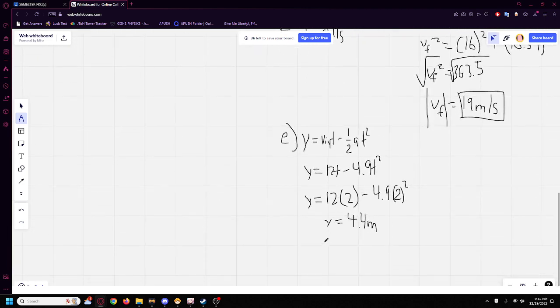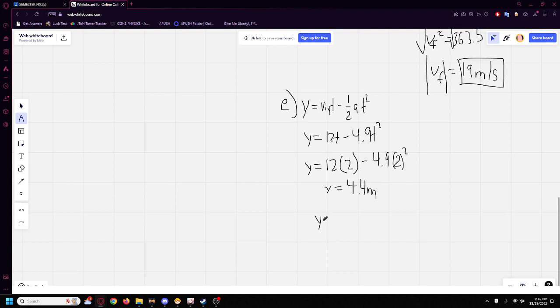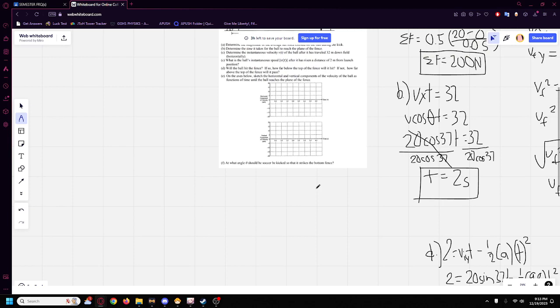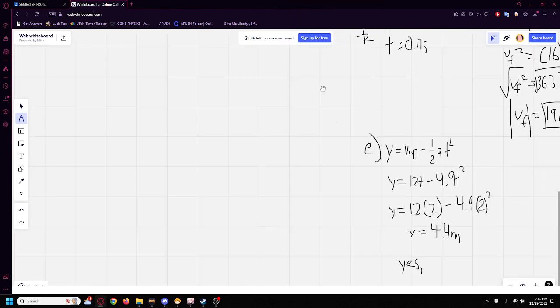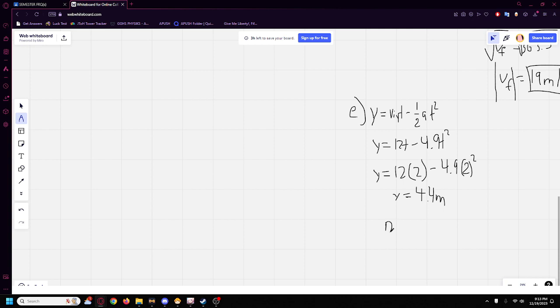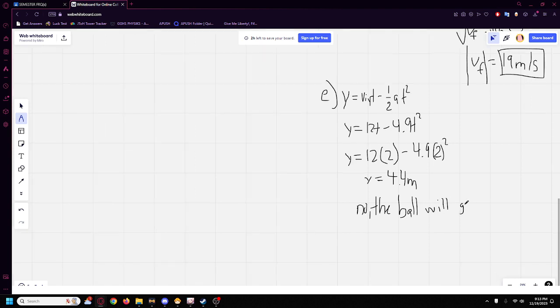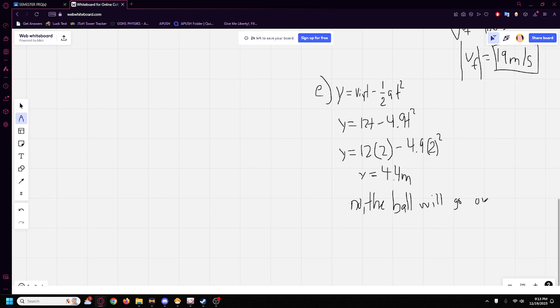So yes, wait, no, the ball will go over the fence.